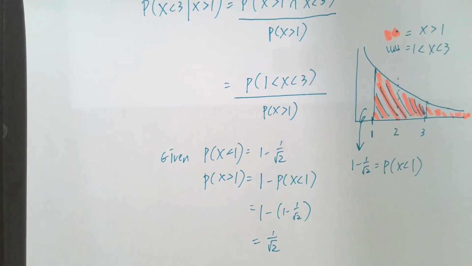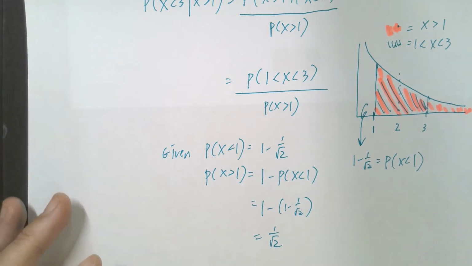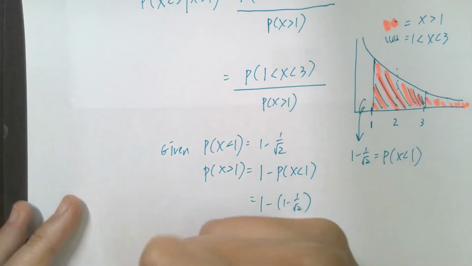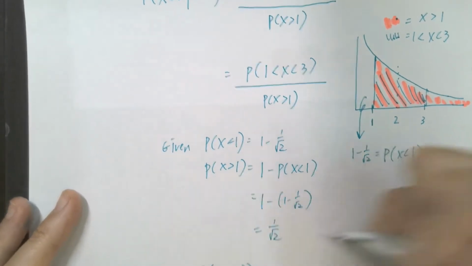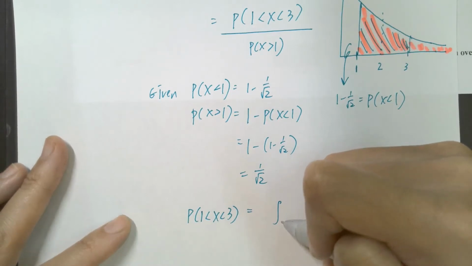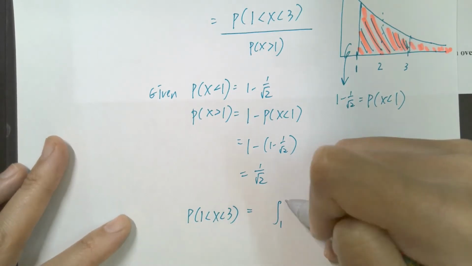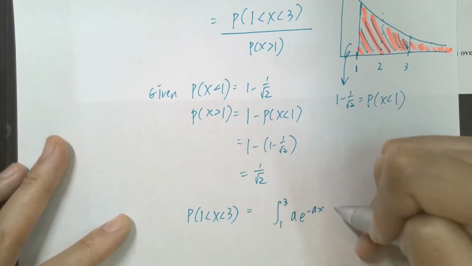And what else do we need to know? Now we are only left with the top part, the numerator, the probability between 1 and 3. So the probability between 1 and 3 would just be the integral from 1 to 3 of a e^(-ax) dx, right?